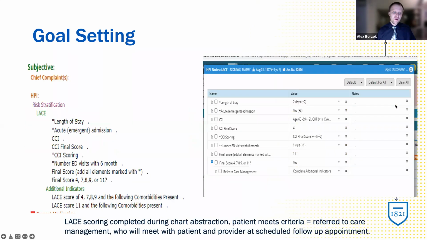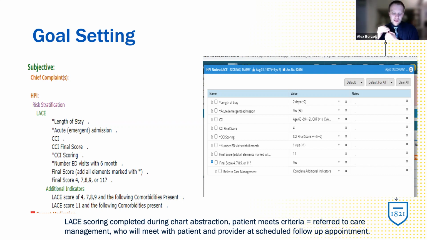And how this looks is this is all done as part of the flow sheet within that phone call that is being done by our office person, by our transitions nurse, who is doing that initial intake phone call.